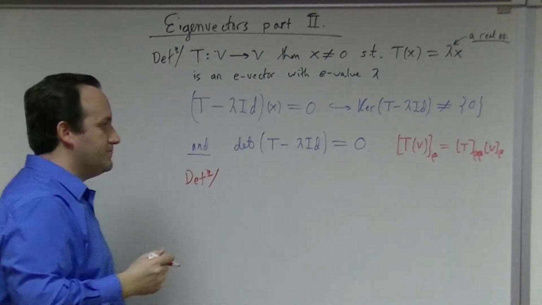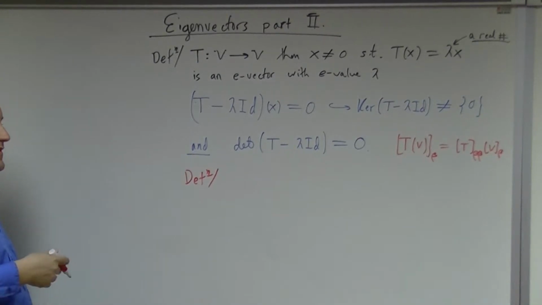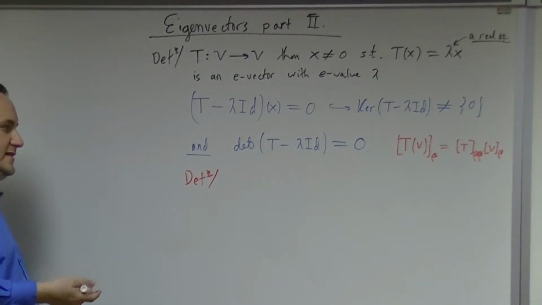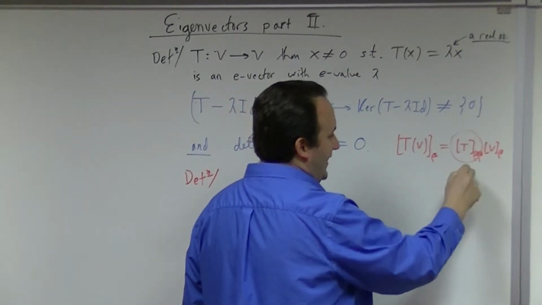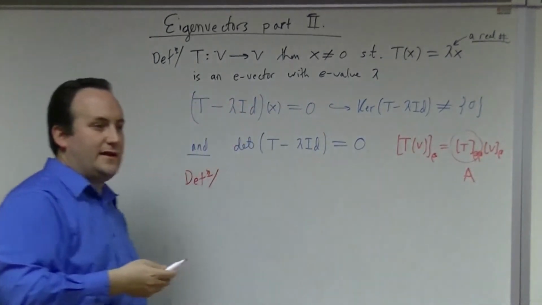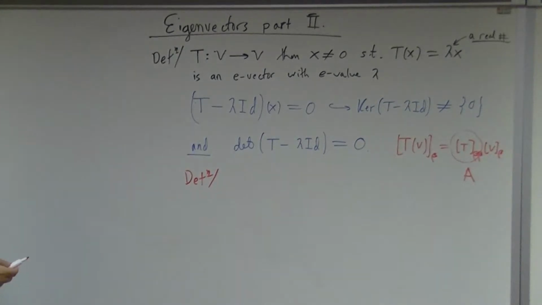And the kernel is connected to the null space of this matrix, and the determinant is defined in terms of the matrix. So pretty much we will just call this thing A, and we focus our attention on an n by n matrix from here on. So I'm going to shift gears back to talk about a matrix.